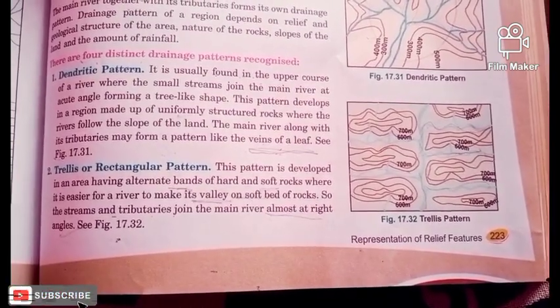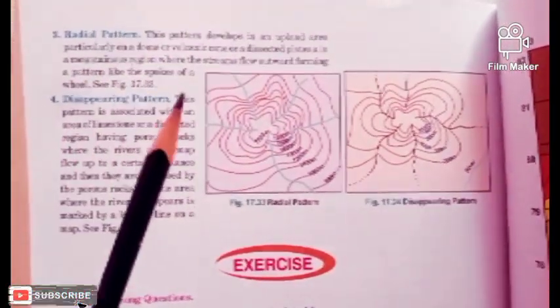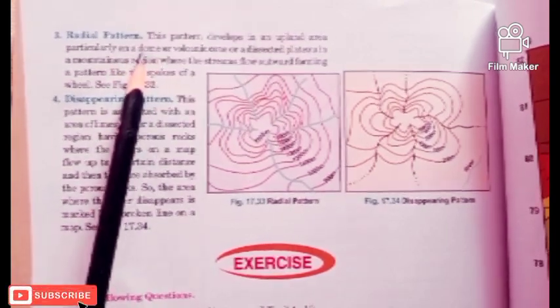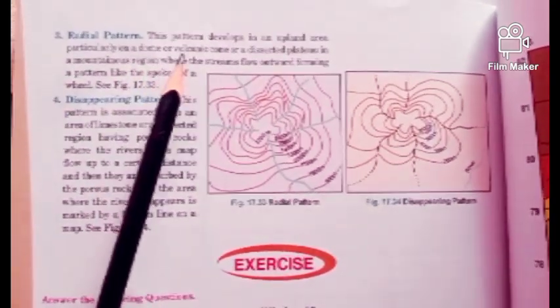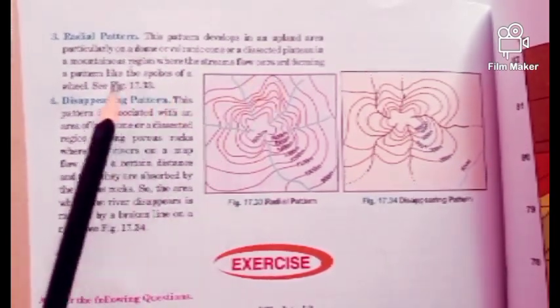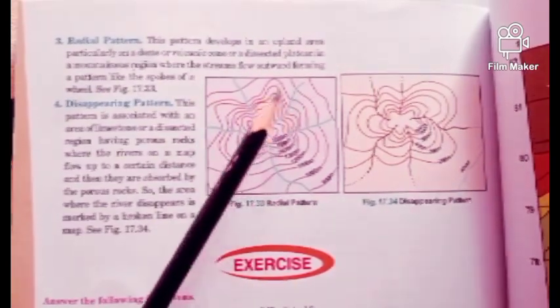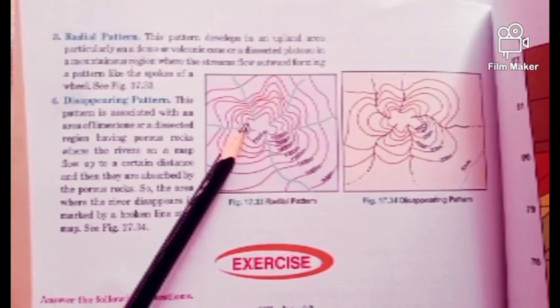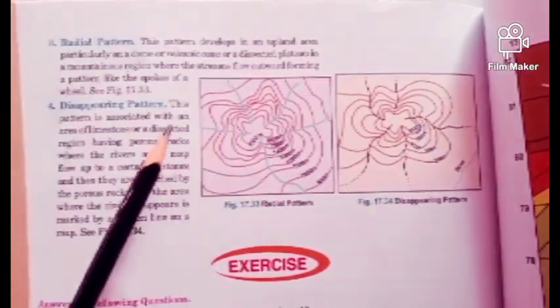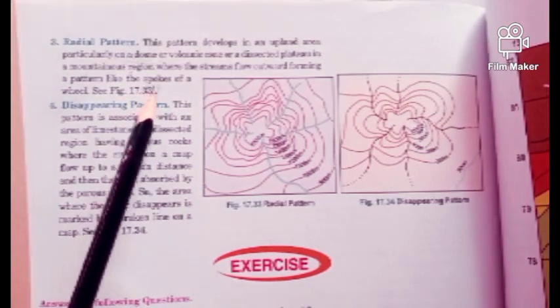That's the second. The next important drainage pattern is radial. Now this mostly develops especially when the mountains are dome shaped. We call them conical shapes, or there are volcano cones or some dissected plateaus. In this area, the streams flow outwards. There is not only one stream, there are various streams coming out from one origin, and they form a pattern like the spokes of a wheel.